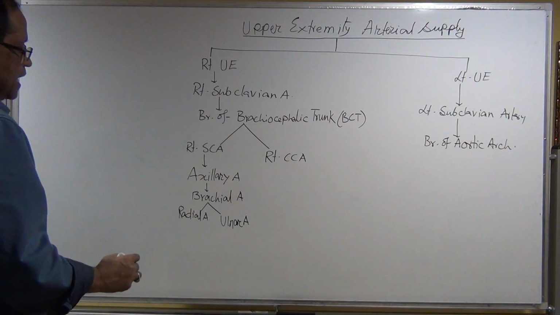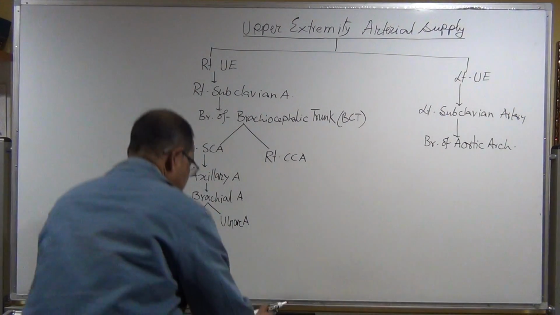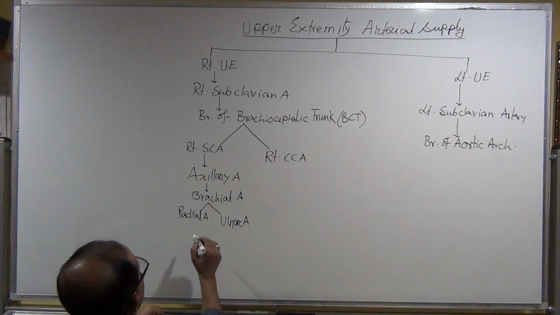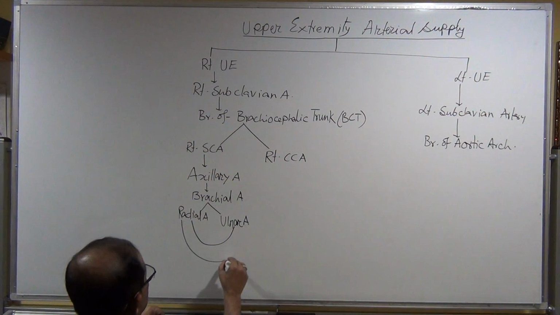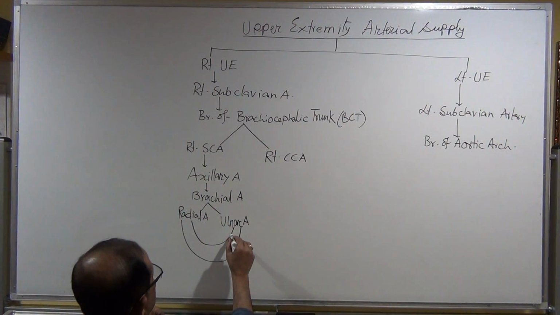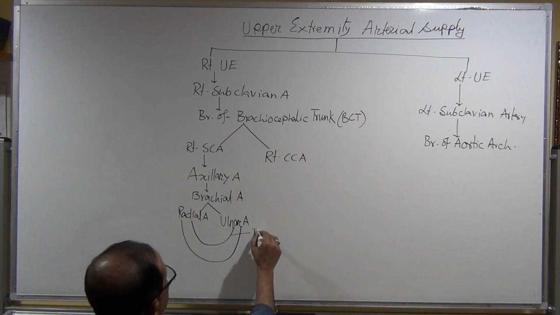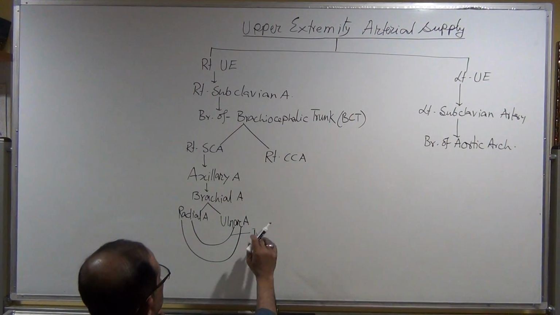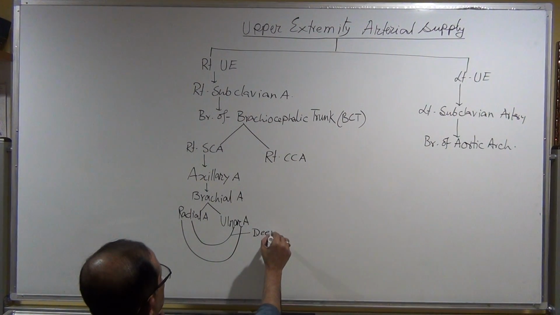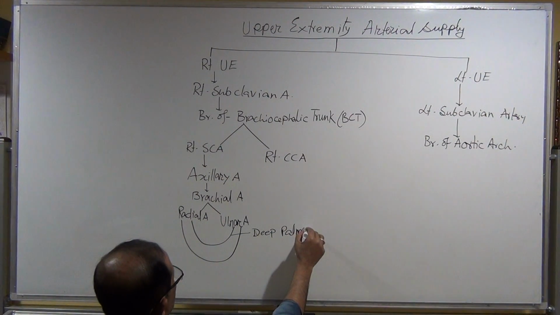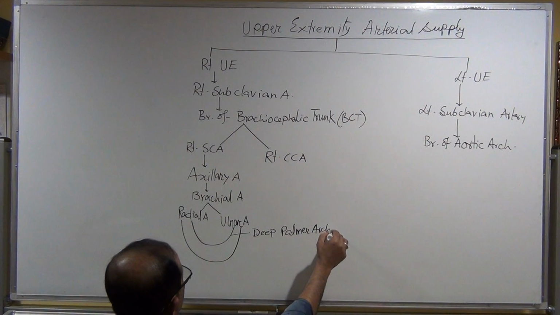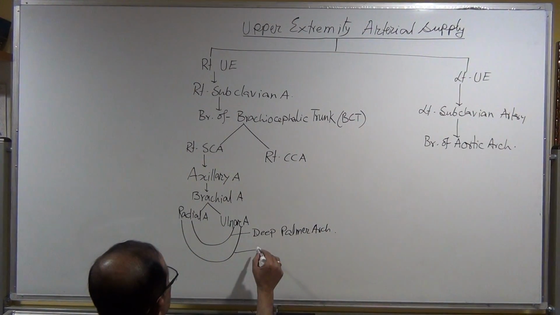The radial and ulnar arteries together form two palmar arches. One is the deep palmar arch, another is the superficial palmar arch.